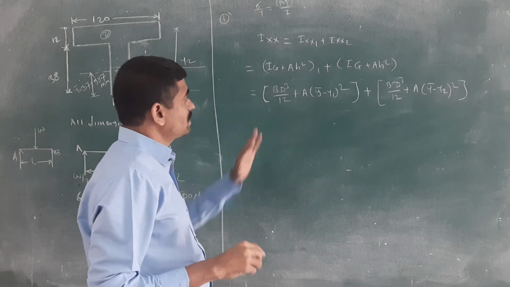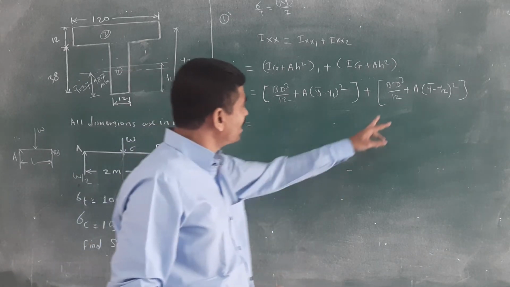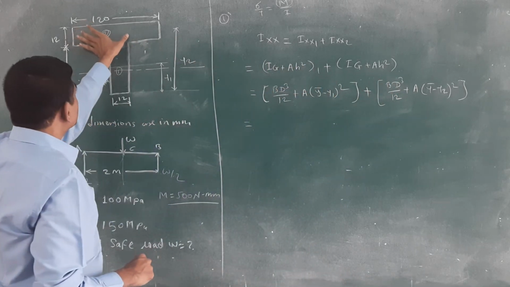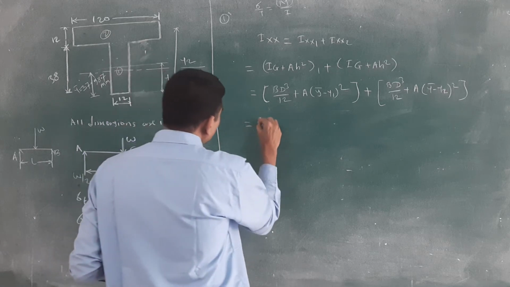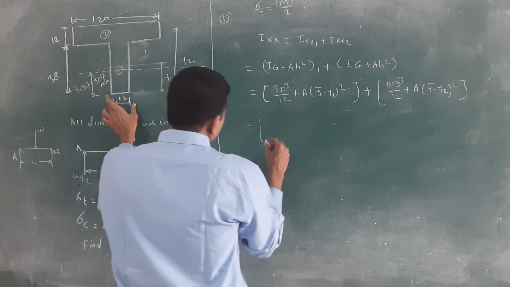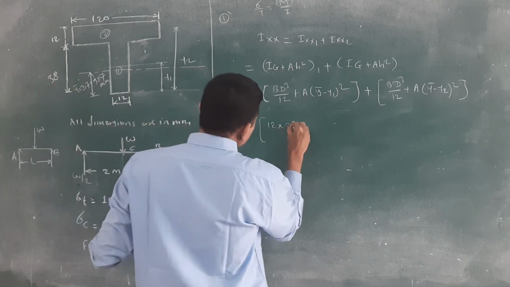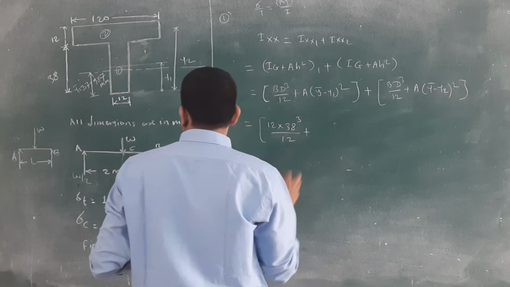Remember, this is the generalized formula for the parallel axis theorem. Why have we taken bd cube divided by 12 again? Because the second component is again a rectangular component. Then what is the b for the first part? Check that, 12 is there. What is the d? 38 cube is there, divided by 12, plus what is the area?